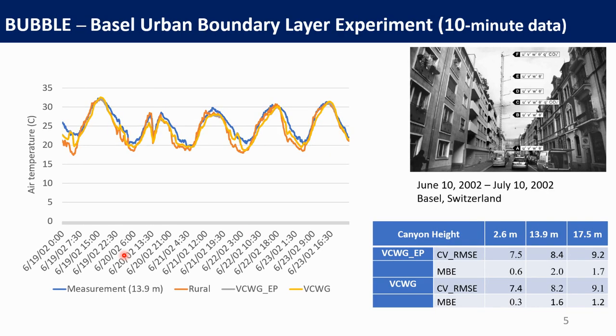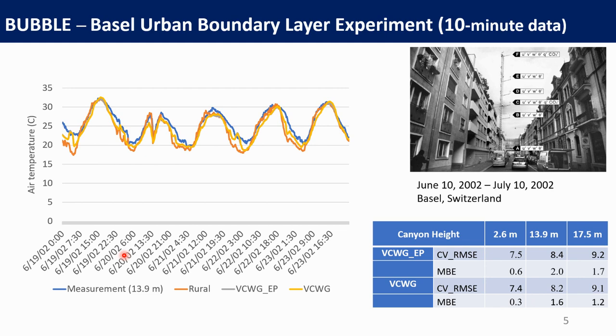And similarly, we did another comparison using the BUBBLE experiment, which was conducted in 2002 in Basel, Switzerland, for the urban boundary layer experiment. That comparison was conducted again for the dry outdoor air temperature at different elevations.